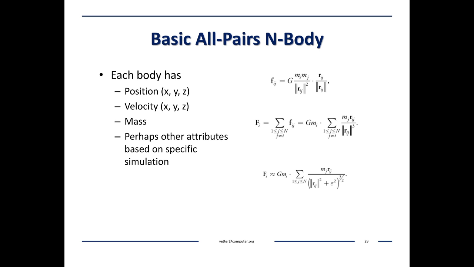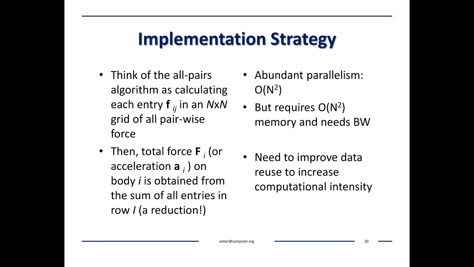There are a lot of different ways to do it, but one of the ways that was proposed in GPU Gems, and I'd refer you to that book if you want to see a lot of interesting examples of the way people have tried these problems, is to think about this all pairs calculation as a force matrix. And what that means is, if you did it on a CPU, you could easily write a nested for loop that goes out and just sweeps across the array each time and sums up the forces on each of the components.